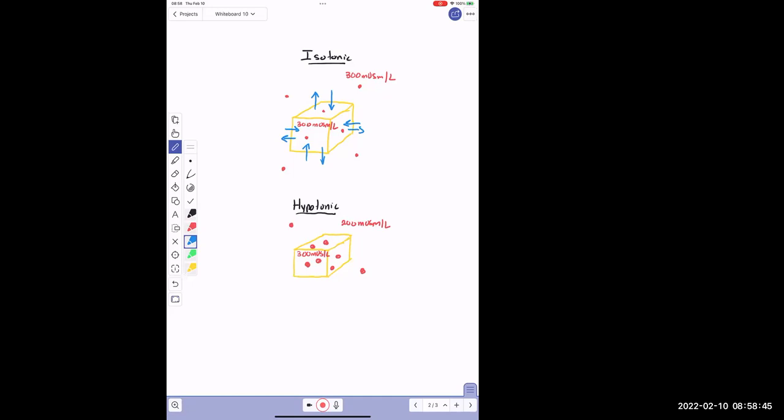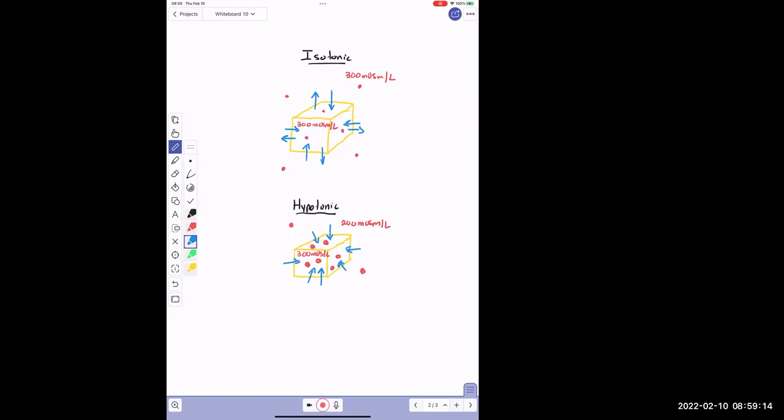So water goes from outside of the cell into the cell because that solute attracts that water, and the cell begins to swell. This is a situation where we would say that the plasma, the extracellular environment, is hypotonic compared to the intracellular environment, and water will go into the cell.